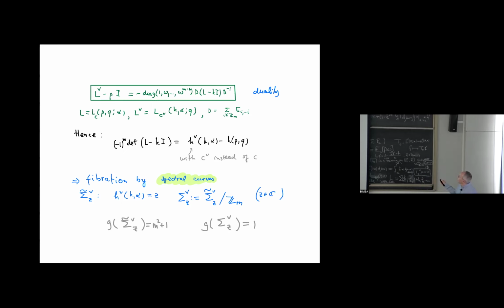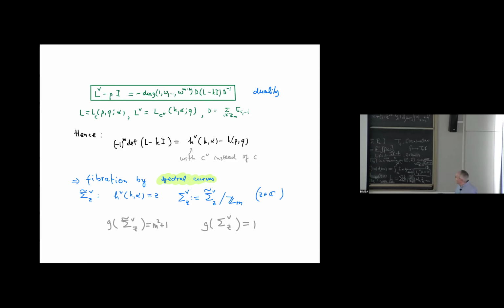I would like to calculate the determinant of that, the characteristic polynomial, and it turns out that, up to some extra details, you essentially get the same answer as the characteristic polynomial of the dual matrix, where in the dual matrix you swap the roles, you trade your p, q to k and alpha, and q becomes the spectral parameter. And you change the couplings to the dual couplings. And so these two matrices somehow match.